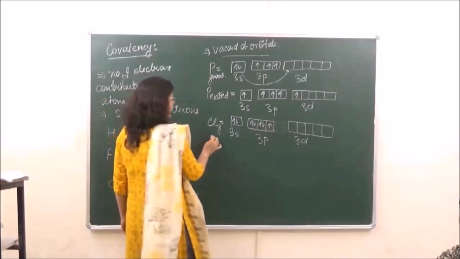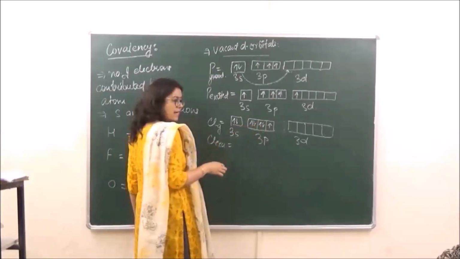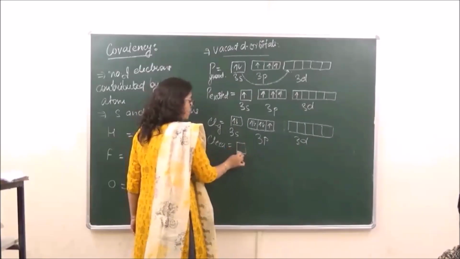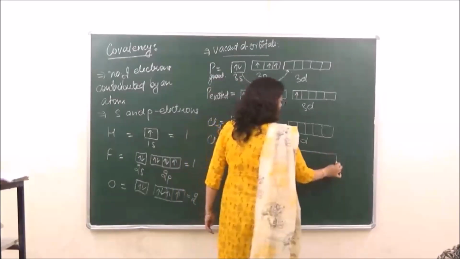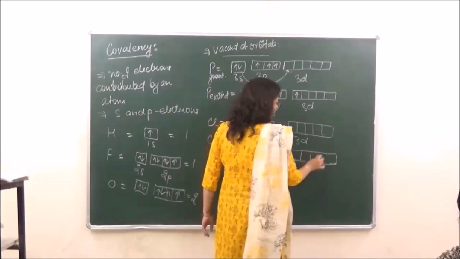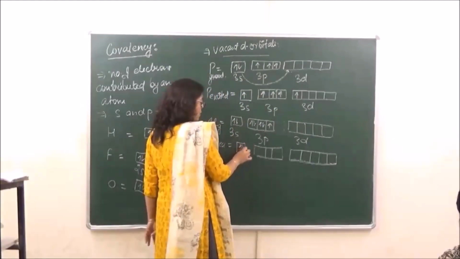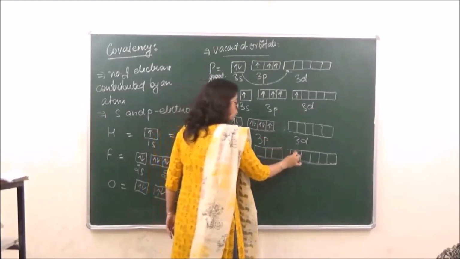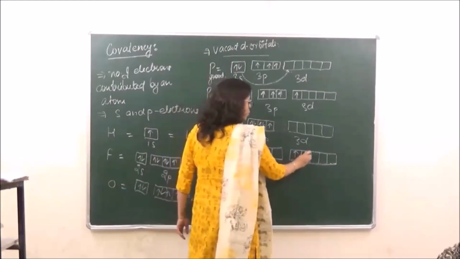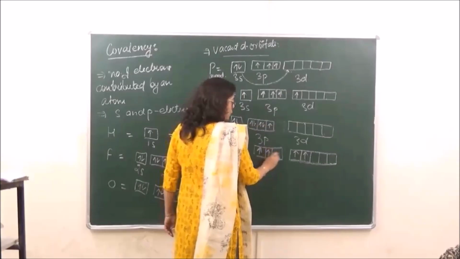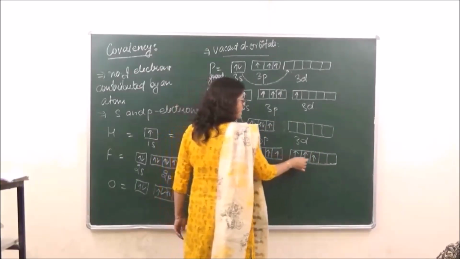But if it goes to the excited state, then all these electrons can be unpaired. We have again 3s, 3p, and 3d. Here there is going to be one electron; from here one electron goes over here. Here also one electron; from here one electron goes over here. Here also one electron. So now you can see 1, 2, 3, 4, 5, 6, 7.